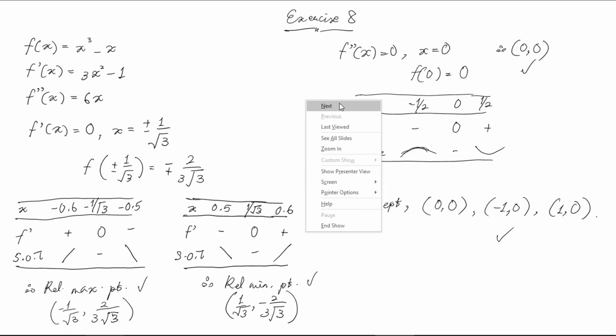As for now, I'm going to the next slide and just draw it again. What I know is we have a relative maximum first and then a relative minimum after.